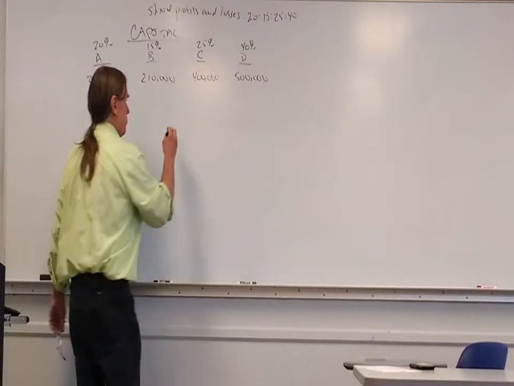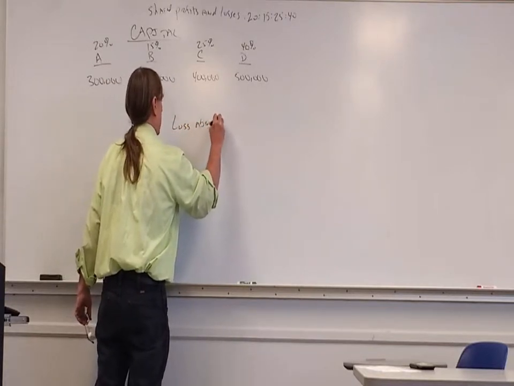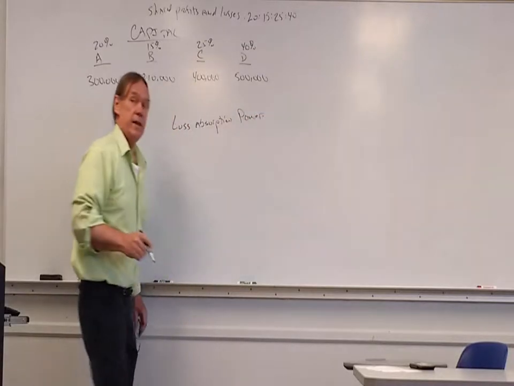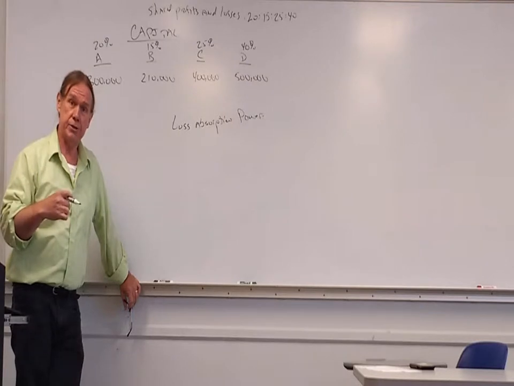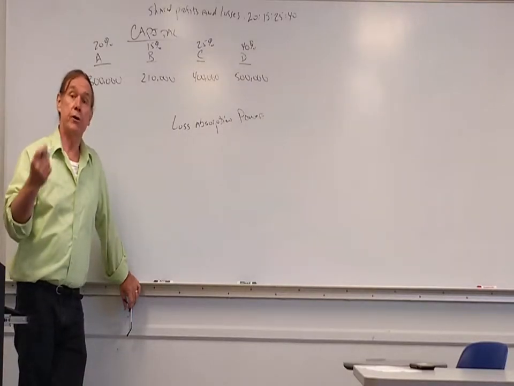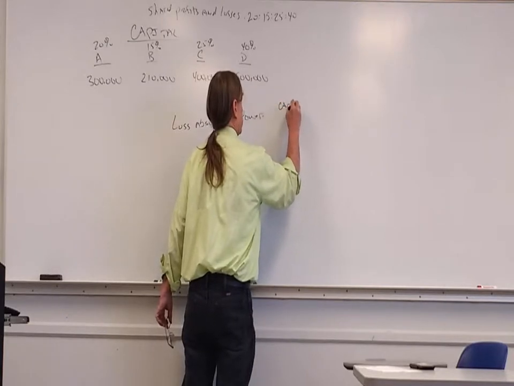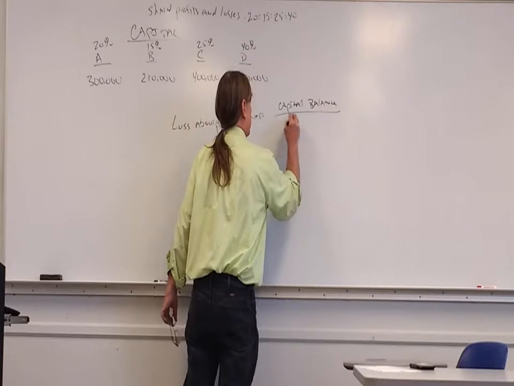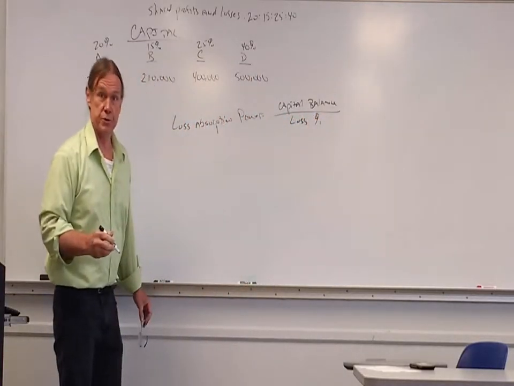And for that, we're going to have what's referred to as the loss absorption power. And again, that simply measures the partner's capital balance relative to their exposure to losses. It's going to be the partner's capital balance divided by their loss exposure, their loss percentage.